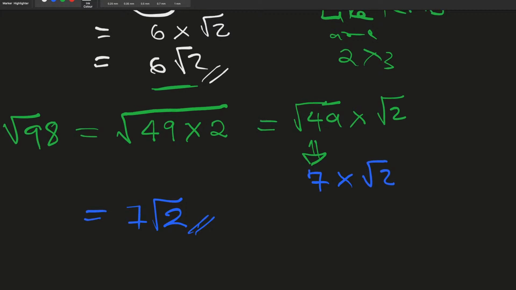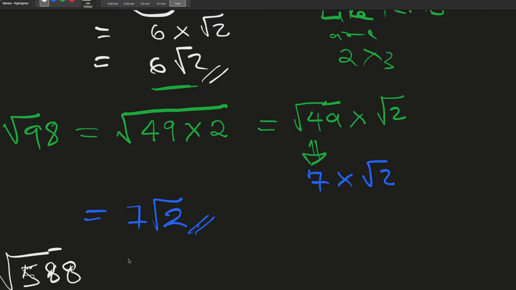The last one that we've been asked to work is the surd of 588. So what do we do? The trick is always take that number and divide by 2. So 588, and we say divided by 2.